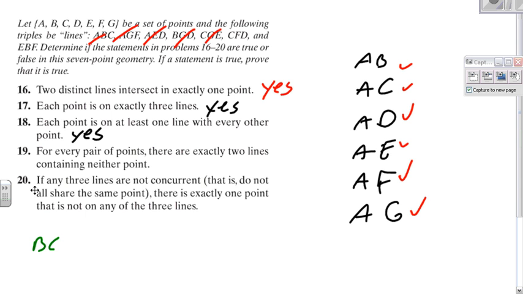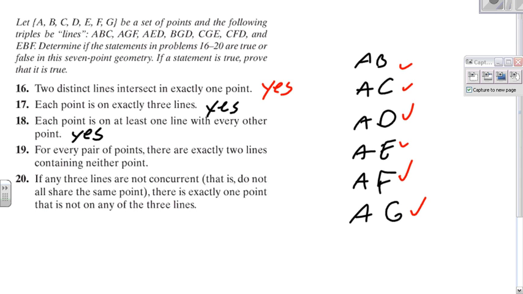And this last question here, if any three lines are not concurrent, that is, they do not all share the same point, there's exactly one point that is not on any of the three lines. So let's take the line ABC for example.